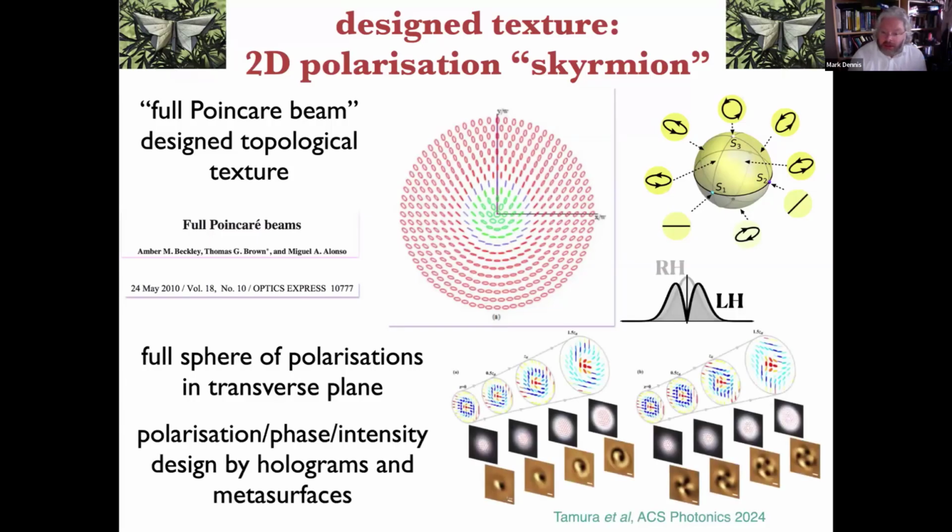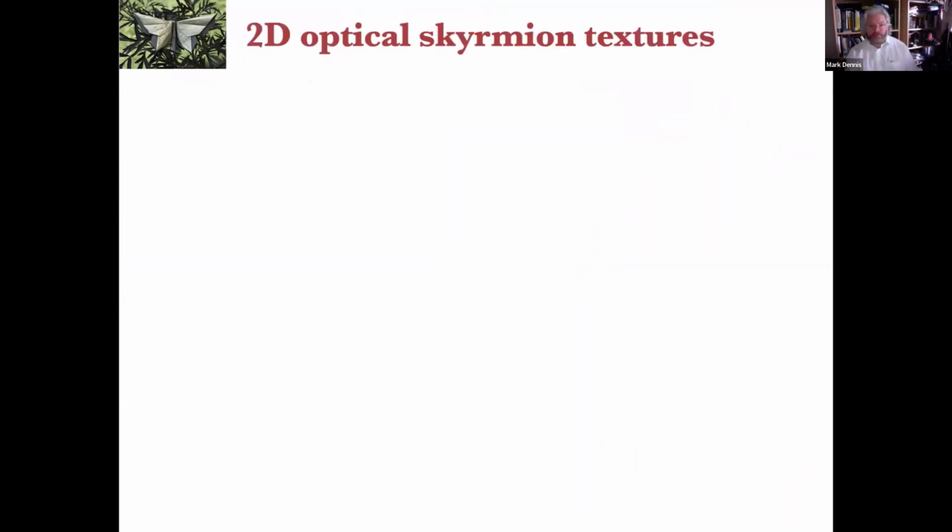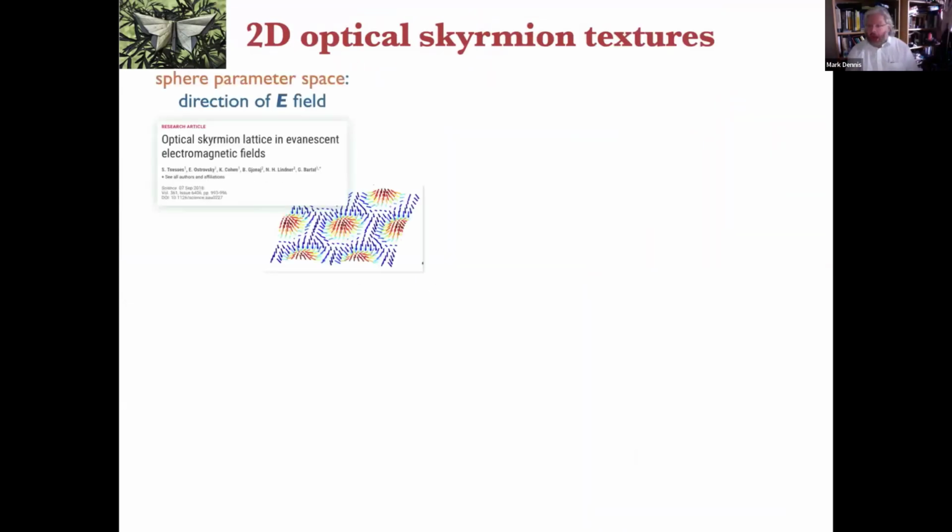Skyrmion-type beams have got a lot of interest in recent years, and how they propagate and how they preserve the topology. So here's a typical example from a recent review. And of course, we just choose polarization because, as I said before, when we talk about optics, there are many different mathematical representations of our light field.